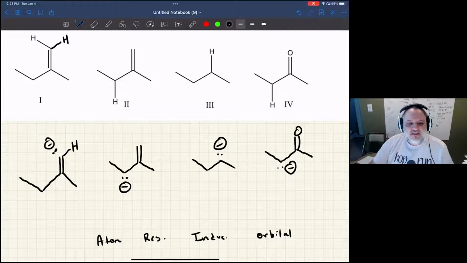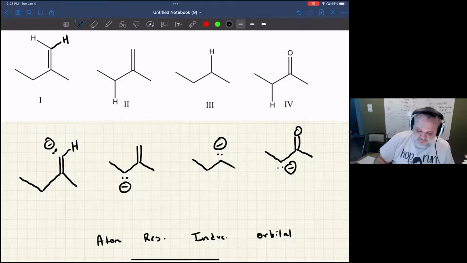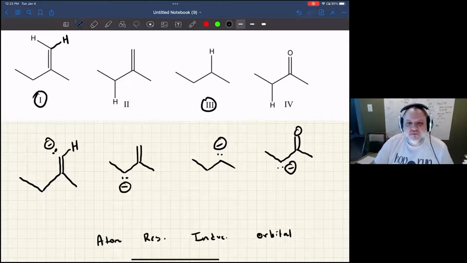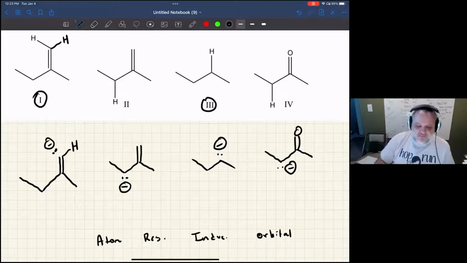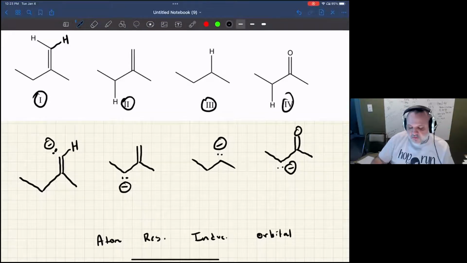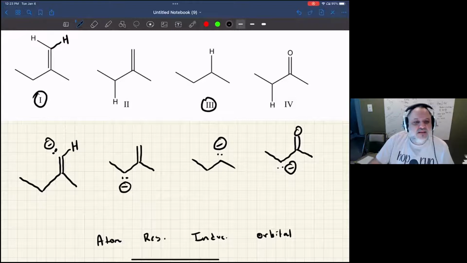And so you might think that 3 is less acidic than 1, and that's going to be true. But you might also look at that same argument and say that doesn't that make 2 and 4 less acidic than 1? And the answer is no, that's not true.